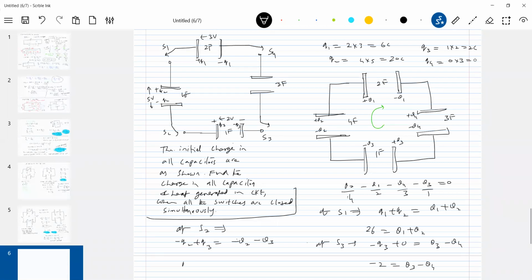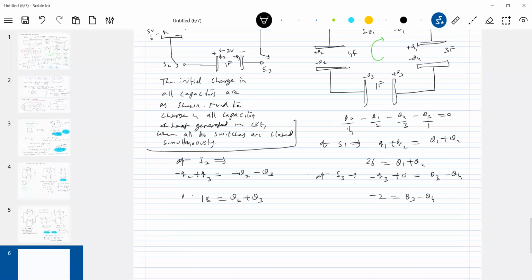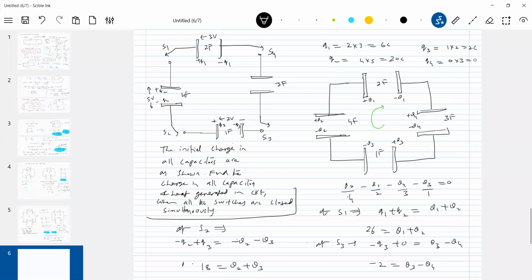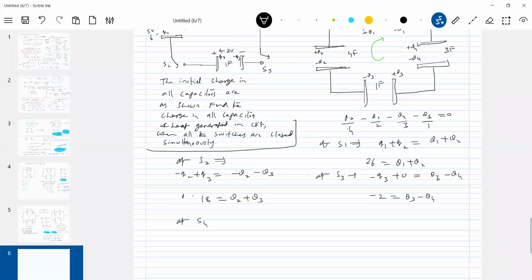So this should be minus 18, or plus 18 should be equal to Q2 plus Q3. Last one more, at S4 we'll write it. S4 it was minus Q1, 0 minus Q1 plus Q4. Q1 was 6, so this will be minus 6.